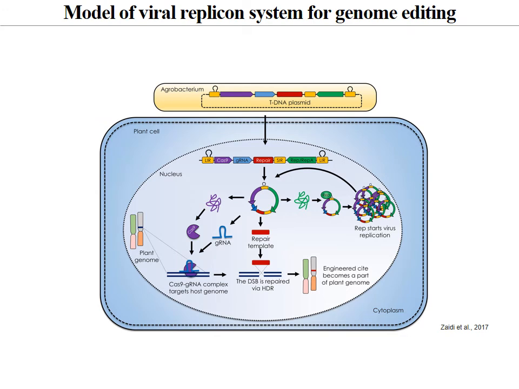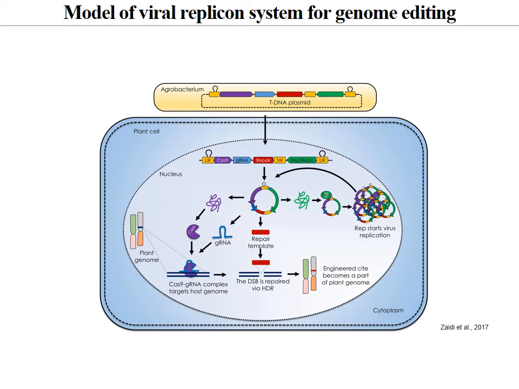So this is the model replicon system for genome editing. We remove the coat protein, movement protein, and add Cas9 and guide RNA and other plant selection marker, and transform the plant cell. We can transform by Agrobacterium or bombardment or dipping like that, so many ways. You can choose your preferred method.